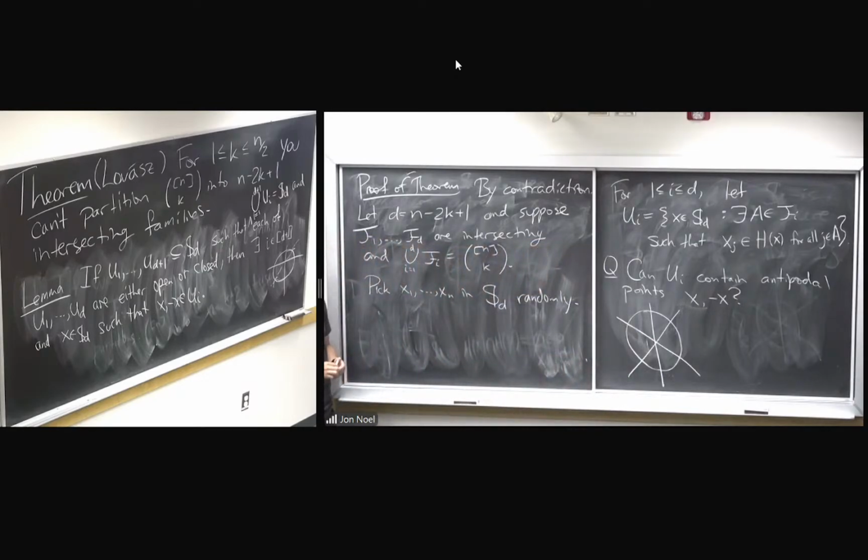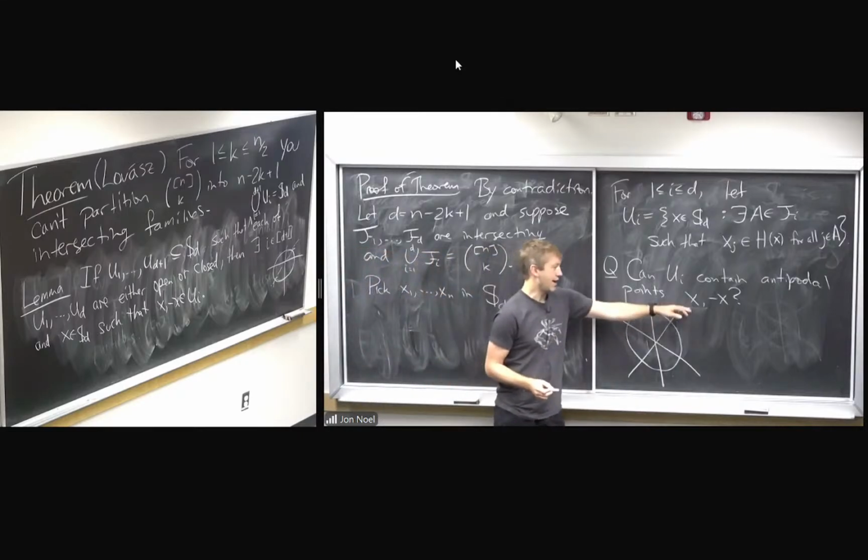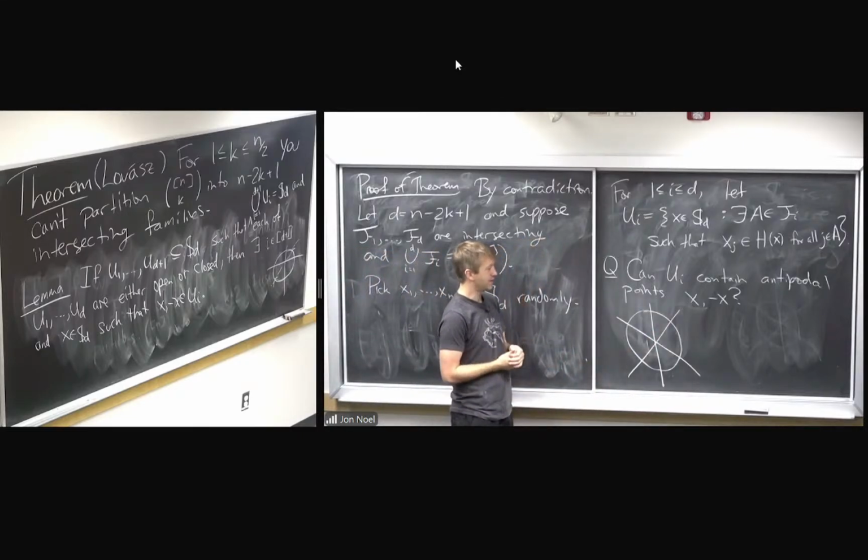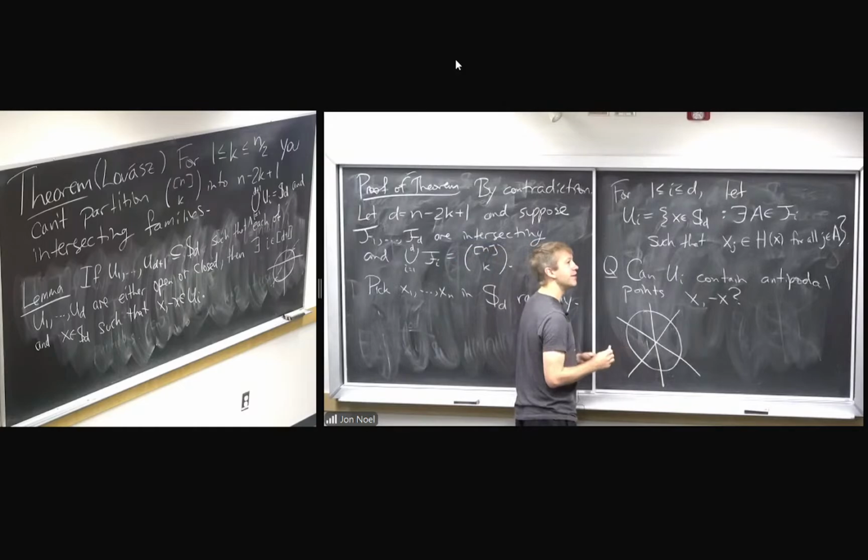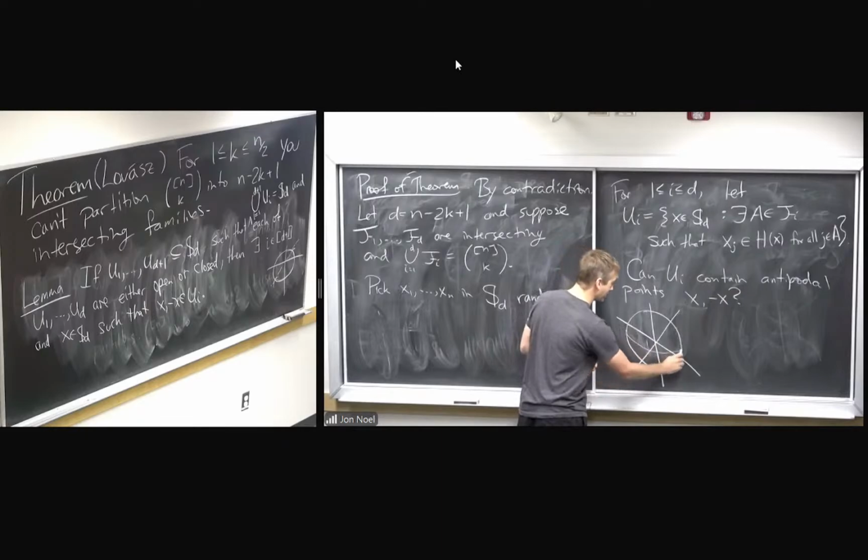Yeah, that's the contradiction, about Fi being an intersecting family. Imagine x is the north pole and minus x is the south pole.